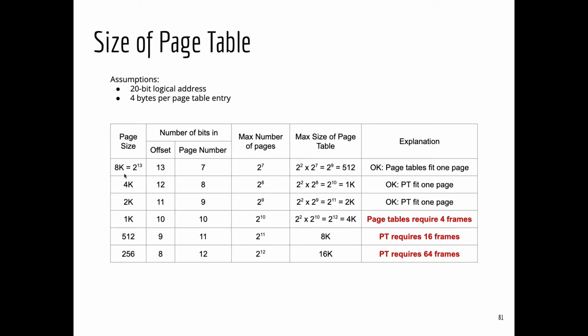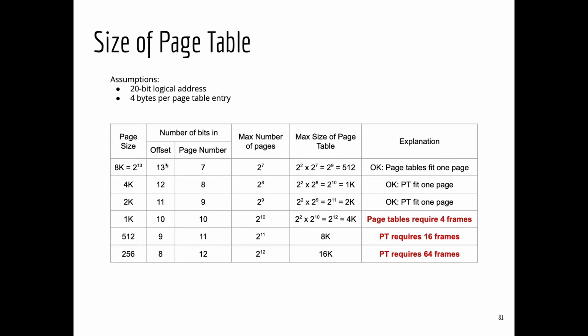If the page size is 8K, and remember 8K is 2 to the power of 13, that means the number of bits in the offset is 13 bits. Because the total address is 20 bits, once you take out 13 for the offset, there are only 7 bits for the page number.